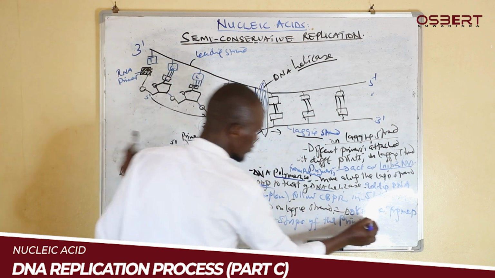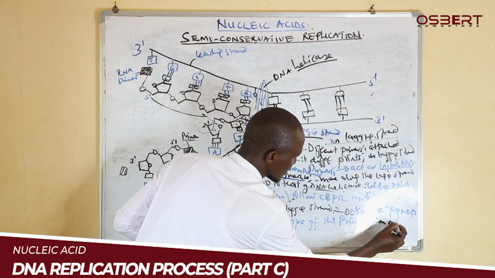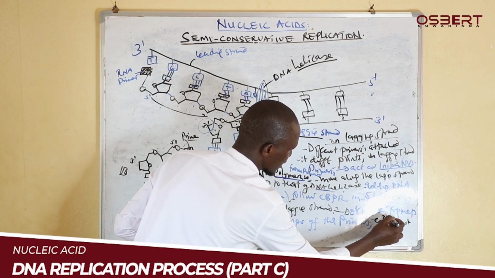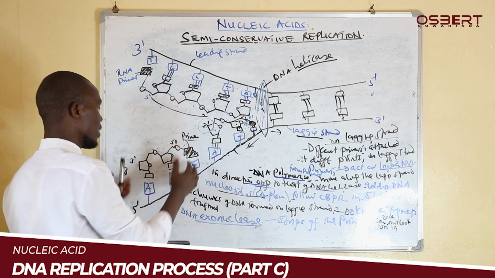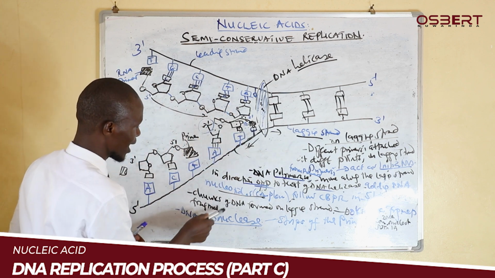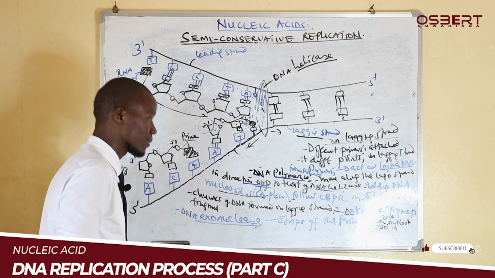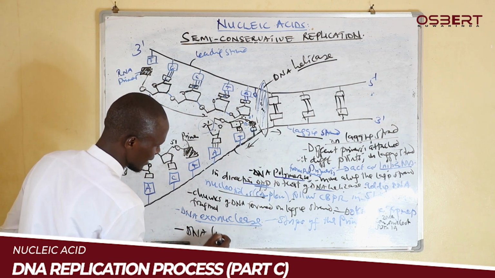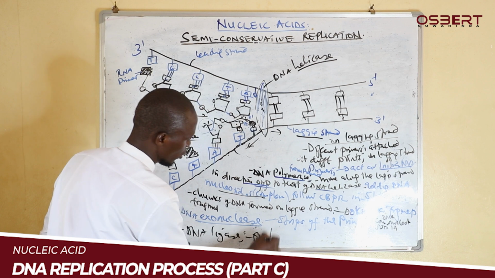When the primers are removed, complementary DNA nucleotides join in and occupy the places where the primers were. But remember, there will still be some spaces. Those spaces which are left, which could not be sealed by DNA polymerase, are later closed up by what we call DNA ligase.